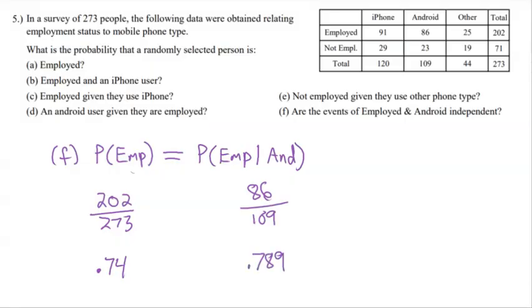Now these numbers are really close, but they are not equal, and therefore employed and Android are not independent. That's how you determine whether two events are independent or dependent.